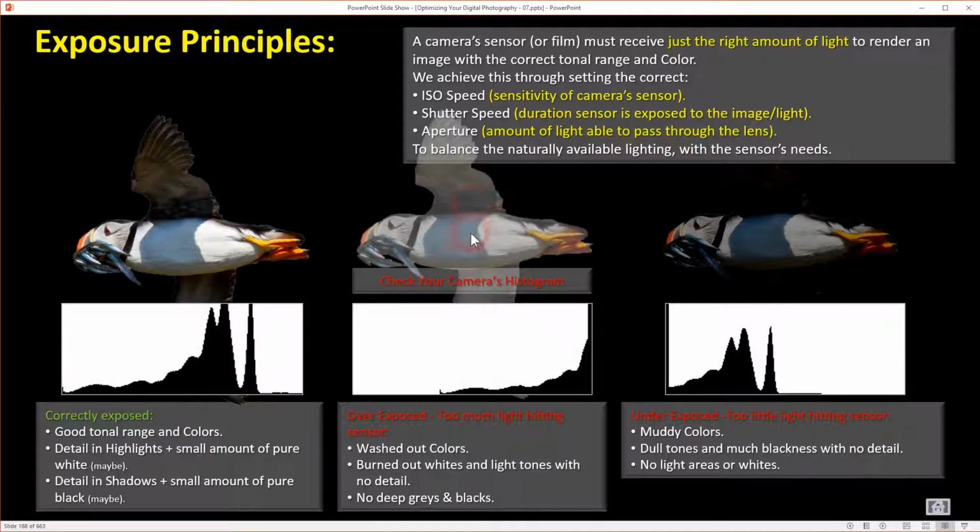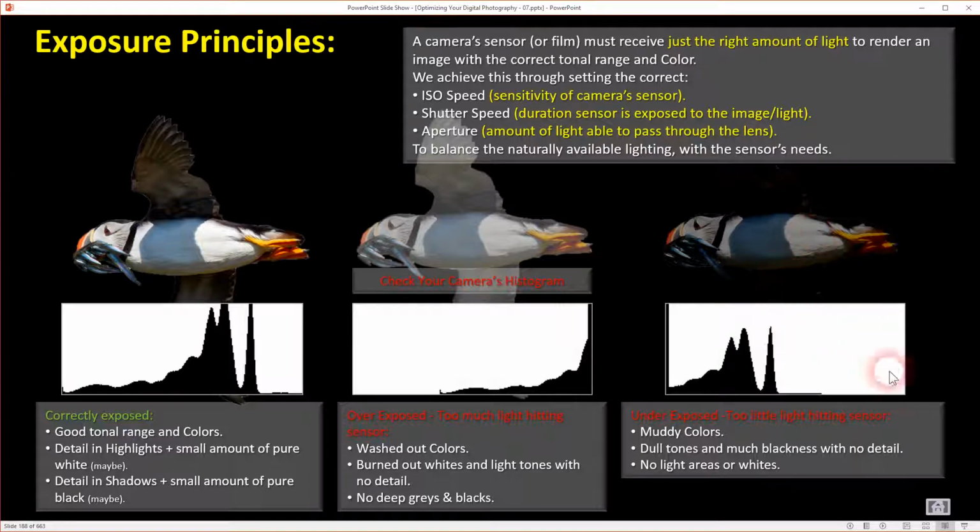For this overexposed image, we can see that all the tones are shifted across to the right hand side, and we've got a big peak, a spike on the right hand side, showing that it is totally clipped in the highlight areas. So there's lots and lots of pure white in the image.